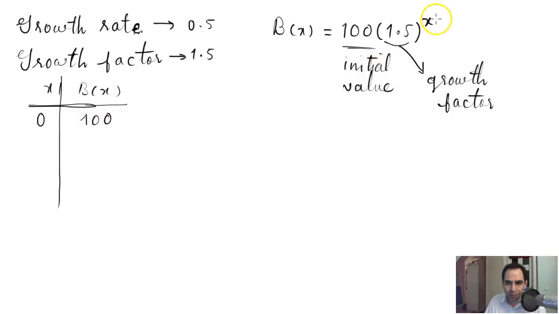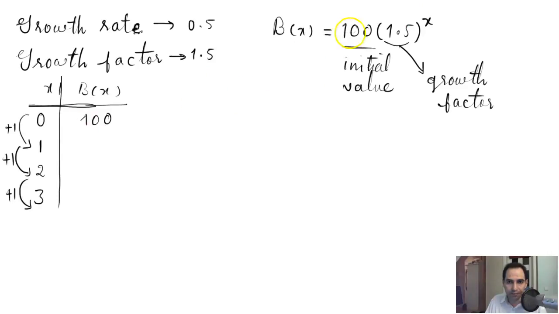Now every time you add 1 unit to your input, to your x, let's say from 0 you go to 1, for example, 1 year, 2 years, 3 years, and so on, you're adding 1 to your input. As you add one unit to your input, this keeps increasing.